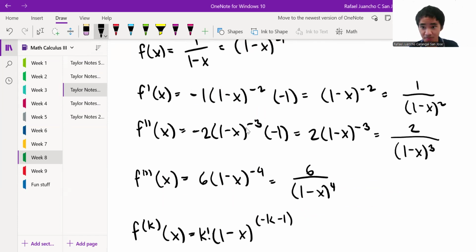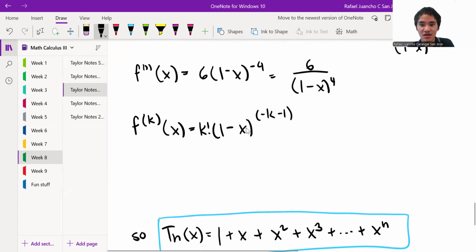When B is 0. So when B is 0, I have to make it such that this will be 0. So x is b, b is 0. So I have to start when this thing is 0. And so I'm going to get some k factorial. Okay. I think that's what it wants me to do.